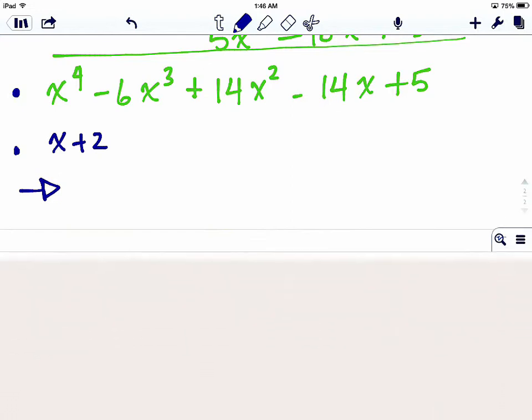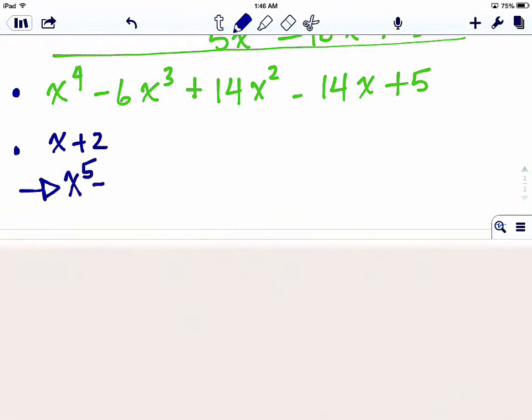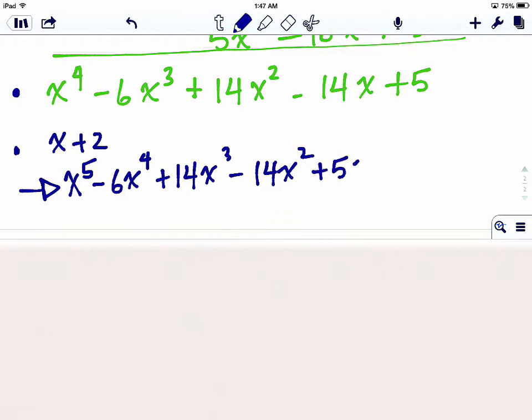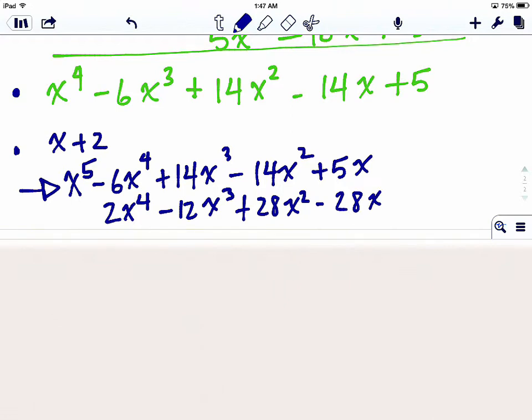And when we do that, we get x to the 5th minus 6x to the 4th plus 14x cubed minus 14x squared plus 5x. Now we distribute the 2 across. 2 times x to the 4th is positive 2x to the 4th. And then minus 12x cubed plus 28x squared minus 28x, and then plus 10.